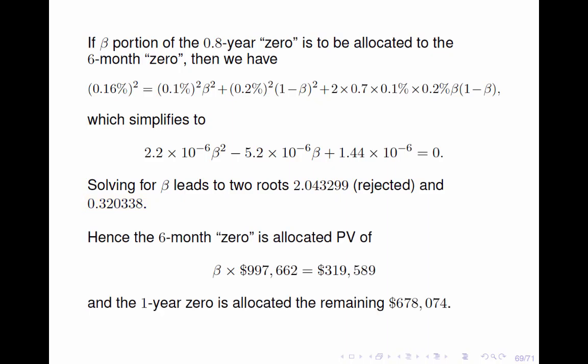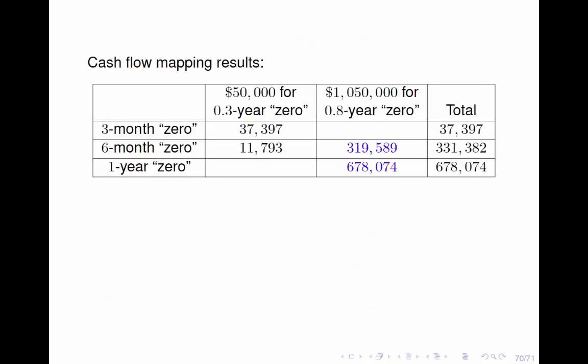Hence, the 6-month zero is allocated present value of beta times $997,662, and the 1-year zero is allocated the remaining. Similarly, we can obtain the mapping result of the 0.3-year zero to the 3 months and 6 months zeros. And thus, the 2 cash flows involved in the treasury bond are mapped to the 3 standard maturity zeros.